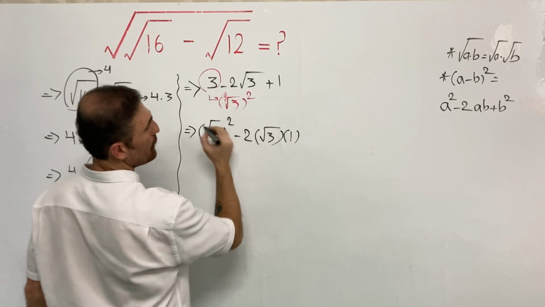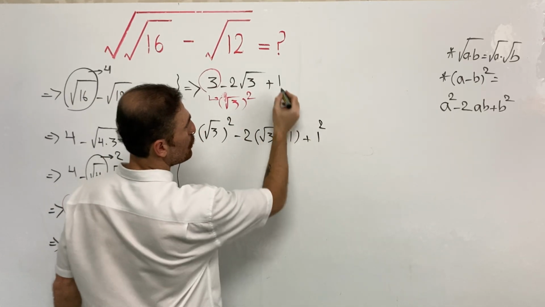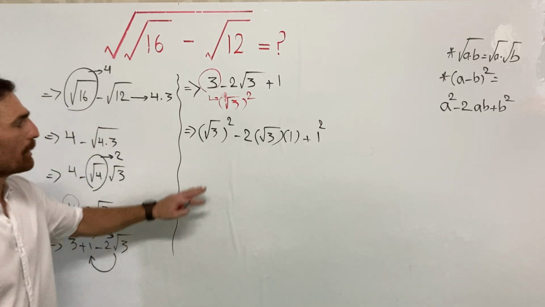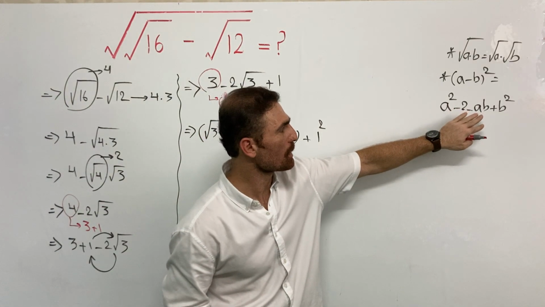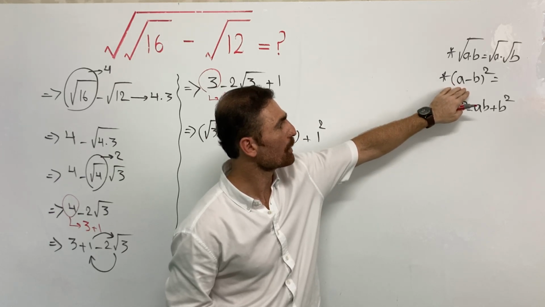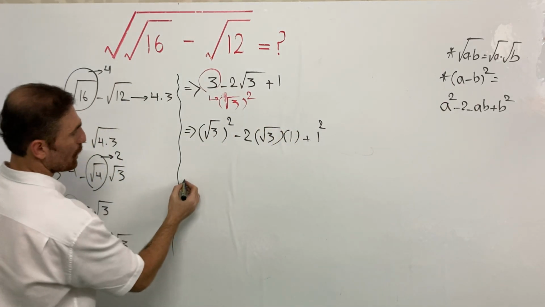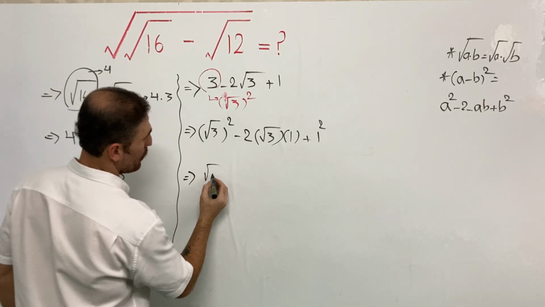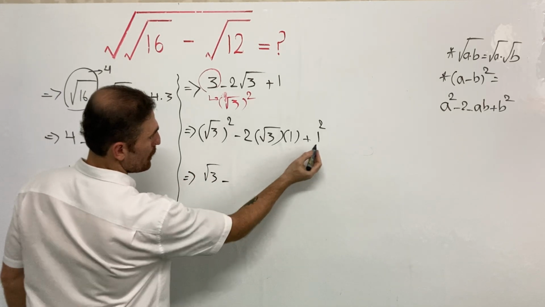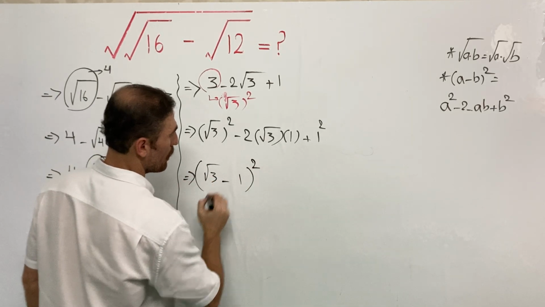This one is exactly this one, plus 1 to the power of 2, that is the same as 1. Now we have this left side, we can continue from this right side and write this left side. So it is going to be the square root of 3 minus 1, to the power of 2.